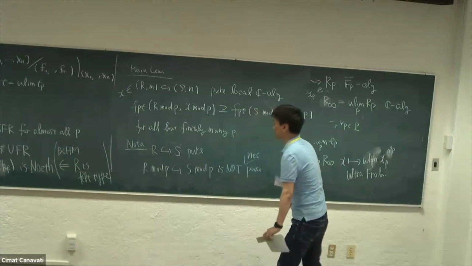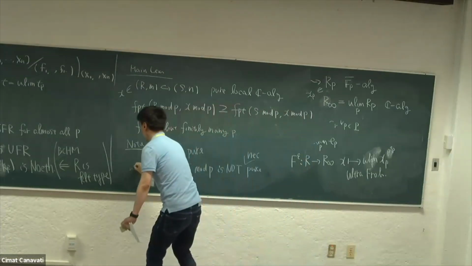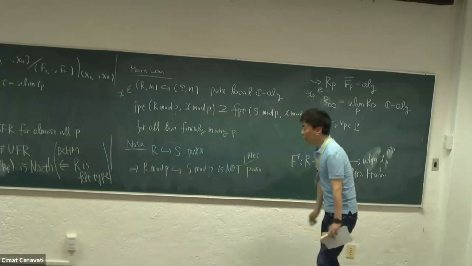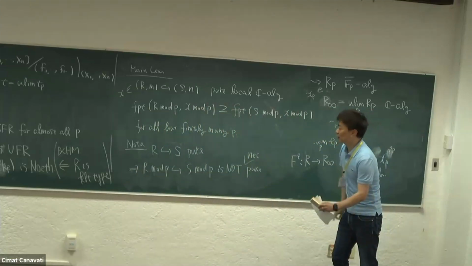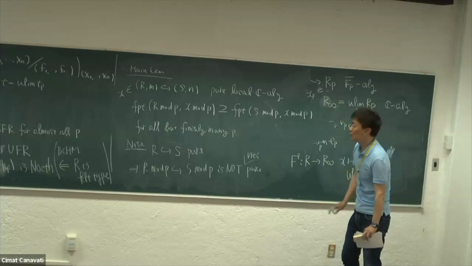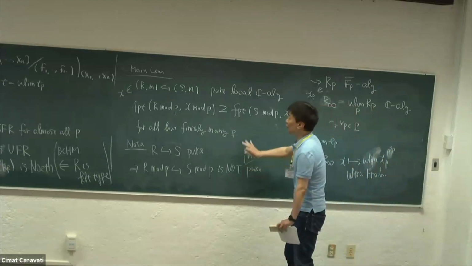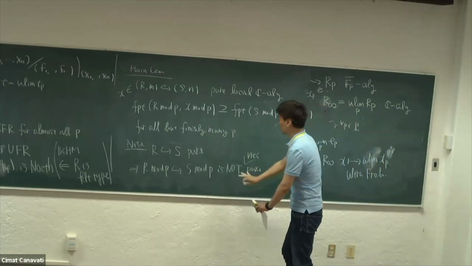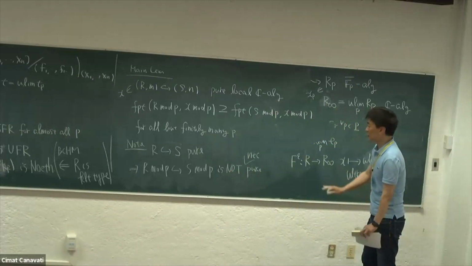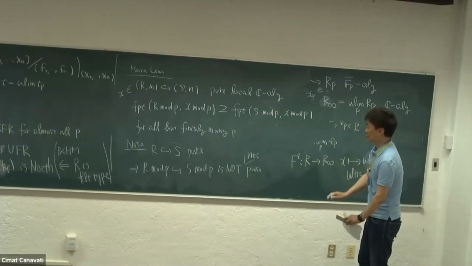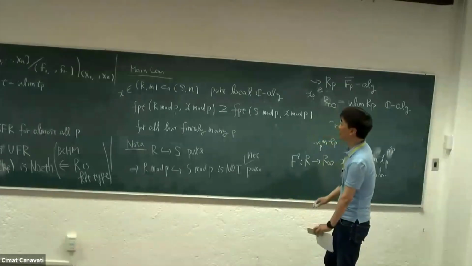In general, purity is not preserved under modulo p reduction. That's why this is a problem. There's a counterexample, but let me skip the detail.